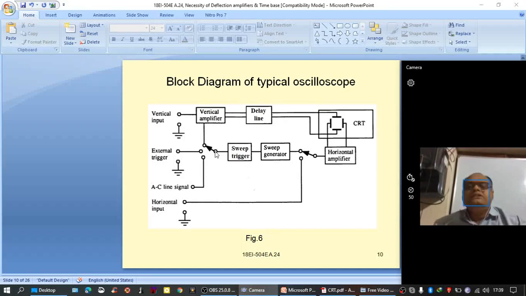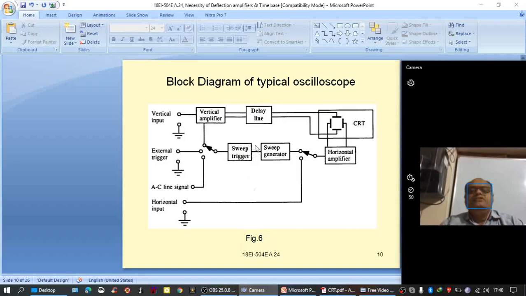Depending upon the switch position of this sweep trigger, it would be connected to either the vertical amplifier output, or the external trigger signal, or the low amplitude AC signal from supply mains. Then that signal is converted into a train of pulses here using the sweep trigger.